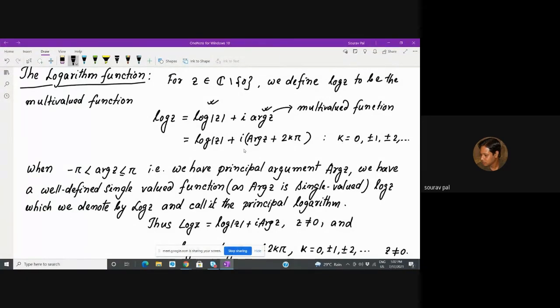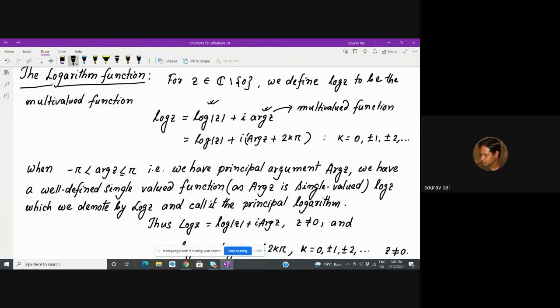So if we want to make it a single valued function like what we did with arg z, then we have to choose only one k. For example, if k is equal to 0, then we have log mod z plus i arg z. So this is single valued definitely because the principal argument is single valued.